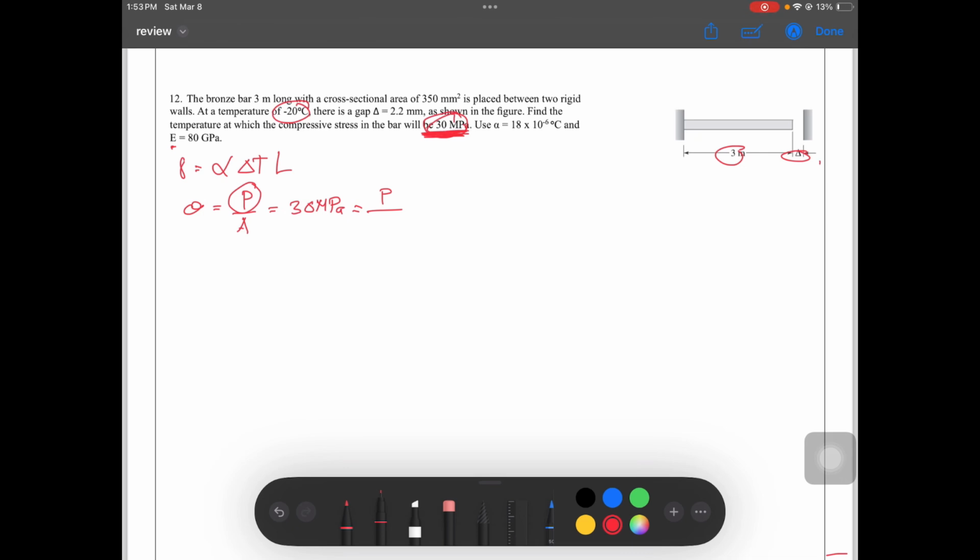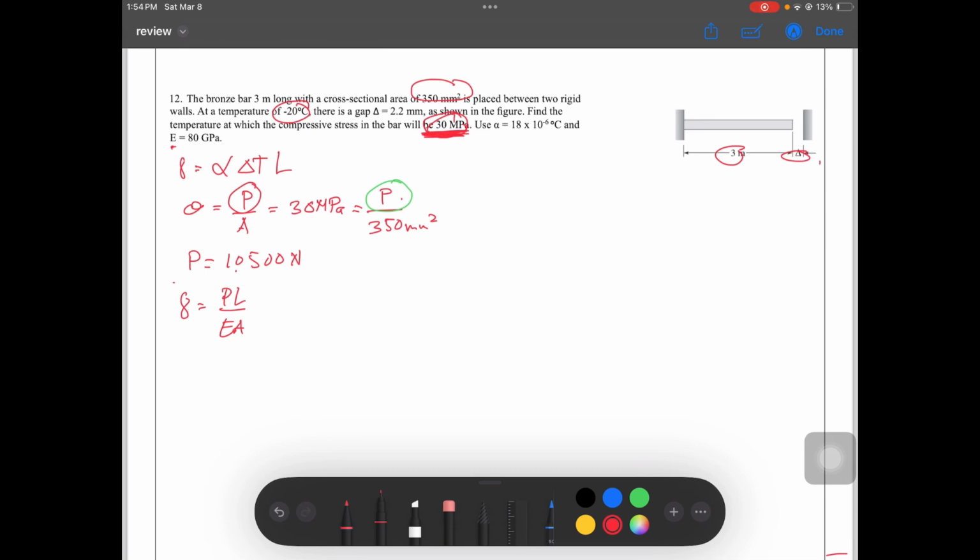So, pwede natin gamitin yun pag nakuha natin si P dito. And our A, is it given? Given siya, 350 mm squared. So, makukuha natin unit dito is in Newton. So, isolating P is equal to 10,500 Newton.